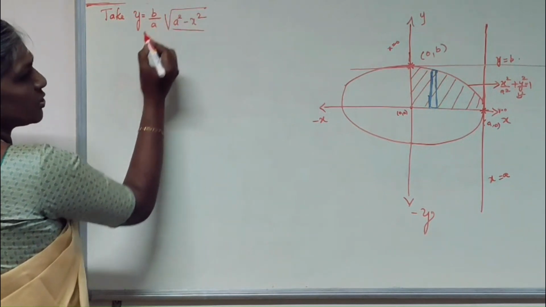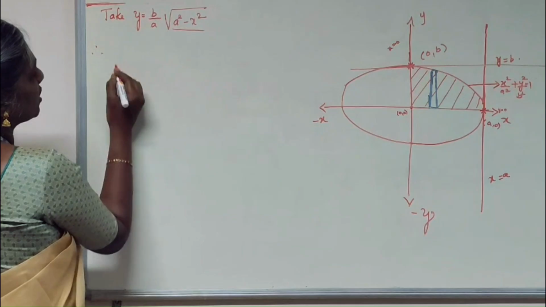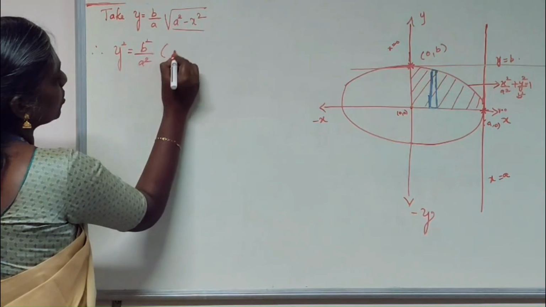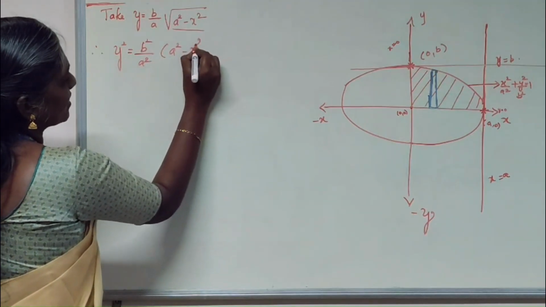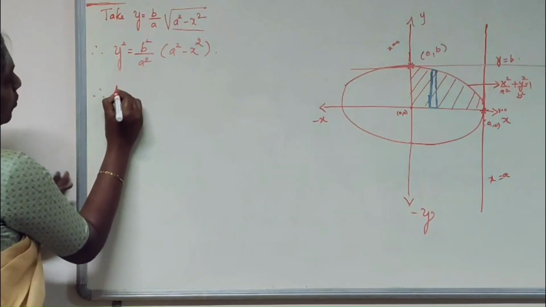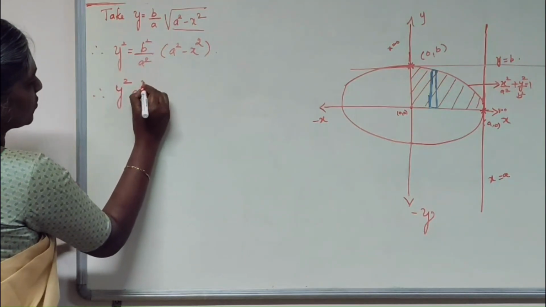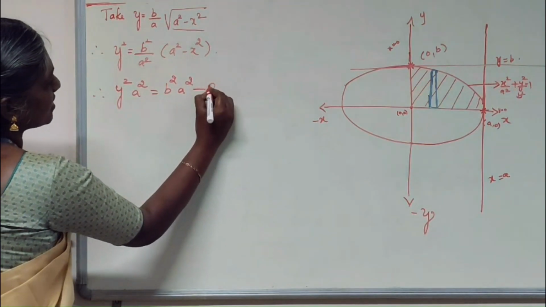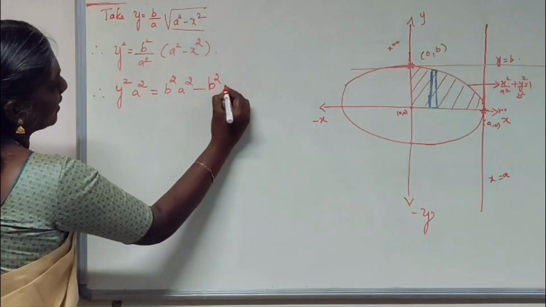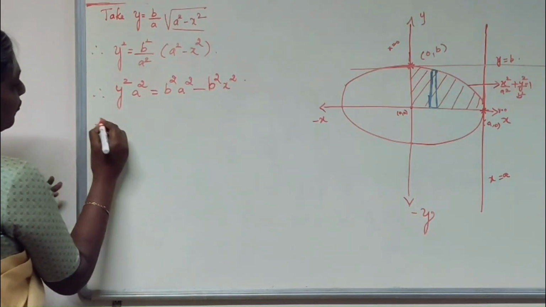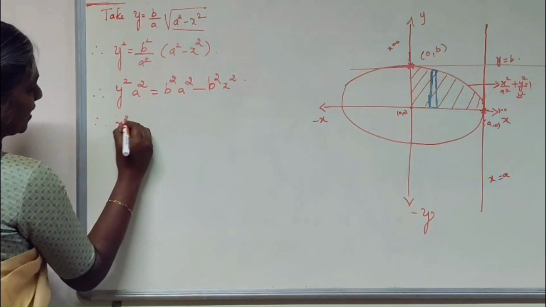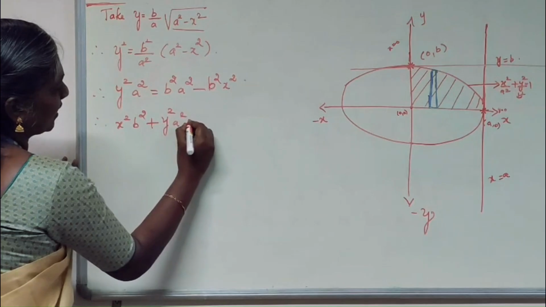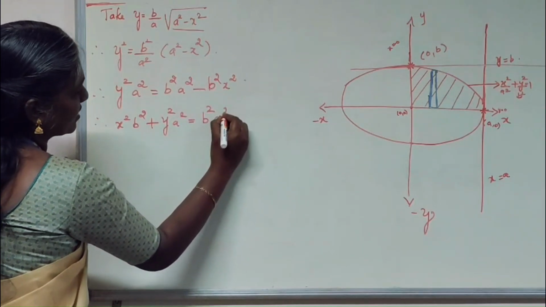So we want to remove the square root now. Taking square on both sides, y squared is equal to b squared by a squared into a squared minus x squared. Cross multiplying, y squared a squared equals b squared a squared minus b squared x squared. Therefore, x squared b squared plus y squared a squared equals b squared a squared.